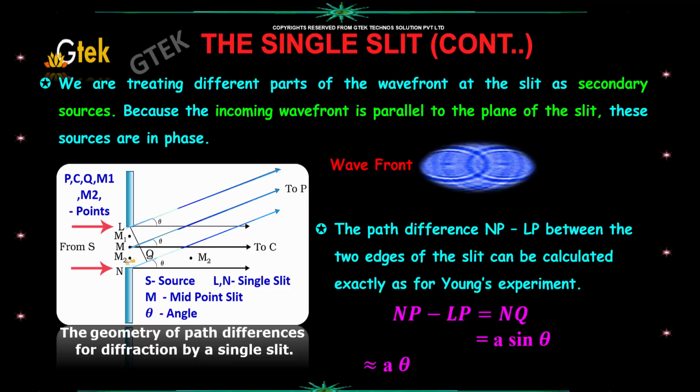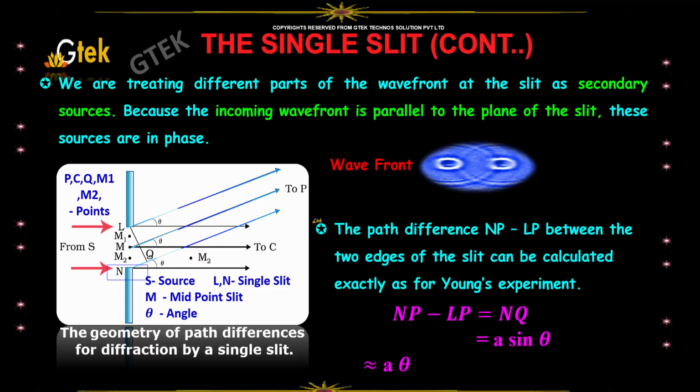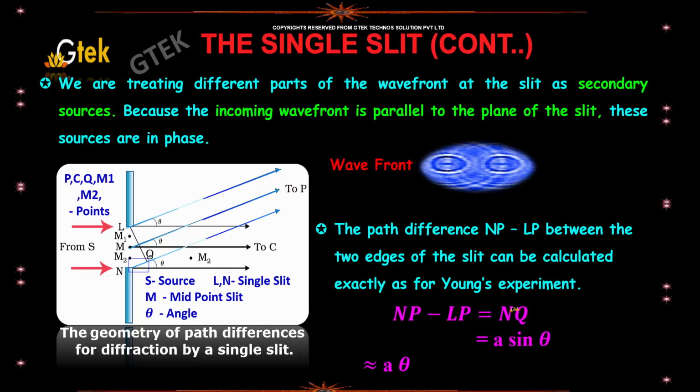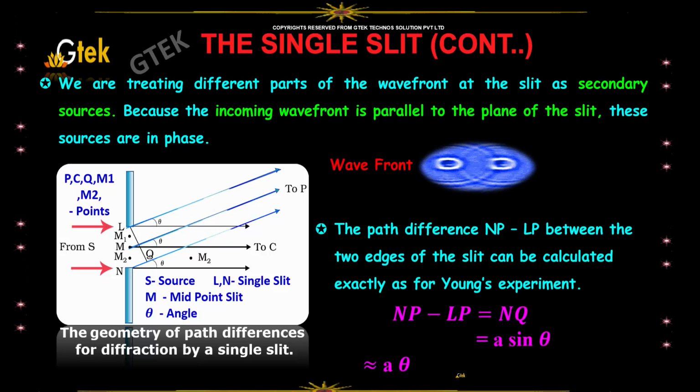The path difference between NP and LP is equal to NQ, which is nothing but a sin theta. Since the angle is really small, we'll make it a theta.